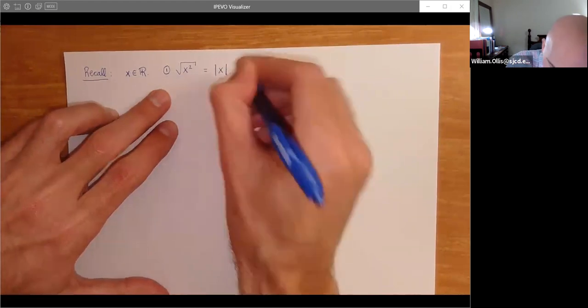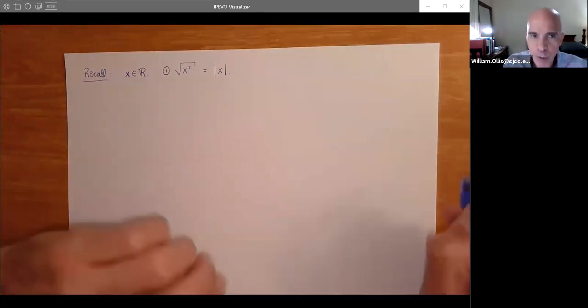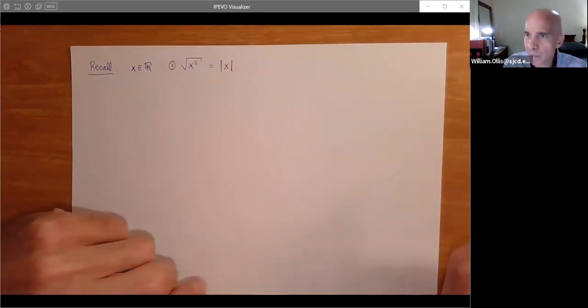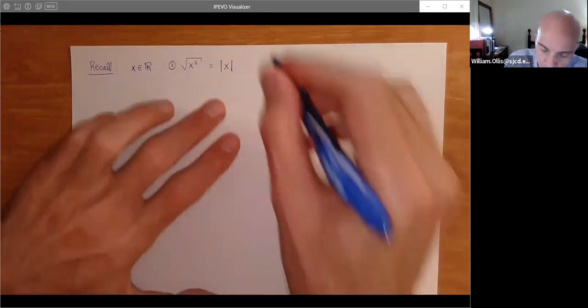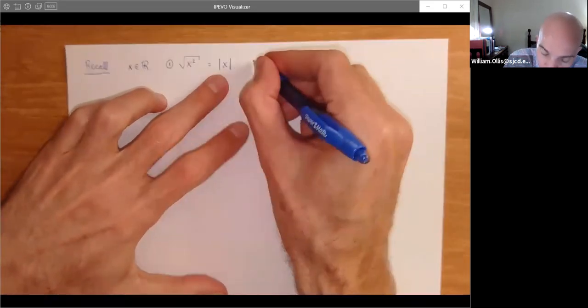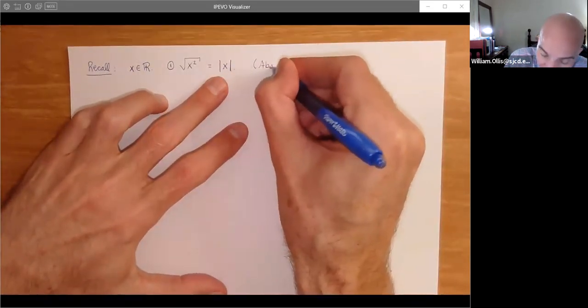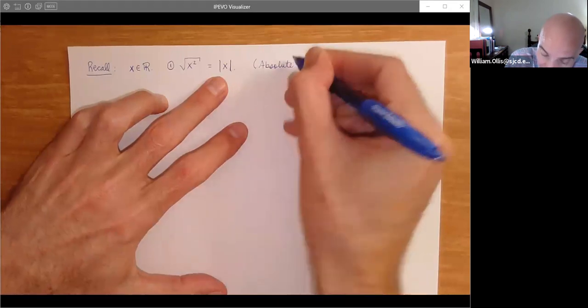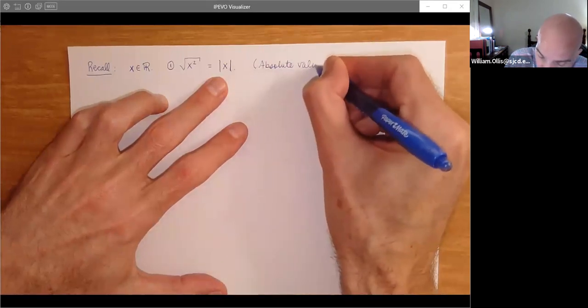So you're thinking, well, what does that mean? You've got these fancy symbols and more symbols. So this is what we refer to as the absolute value of x.